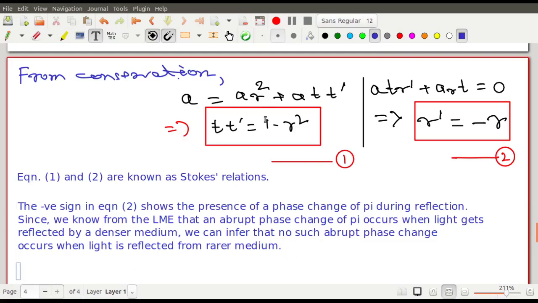ঠিক আছে, more rigorous treatment can be obtained only from the electromagnetic theory of light. If somebody is not happy, you have to stay unhappy until you read that.